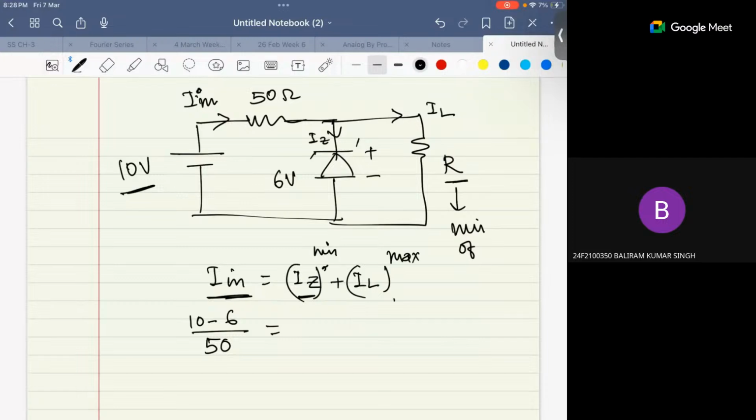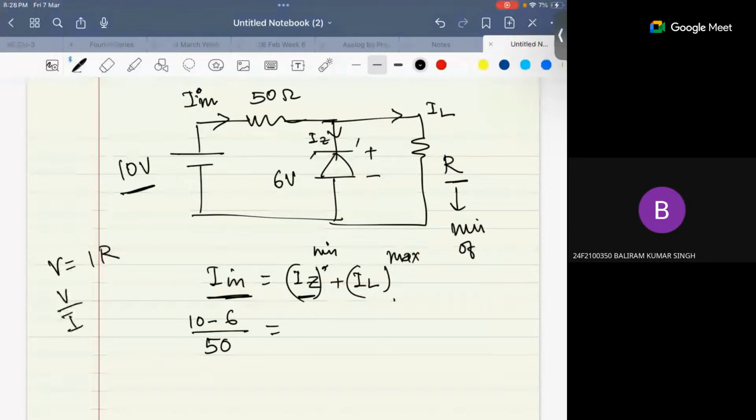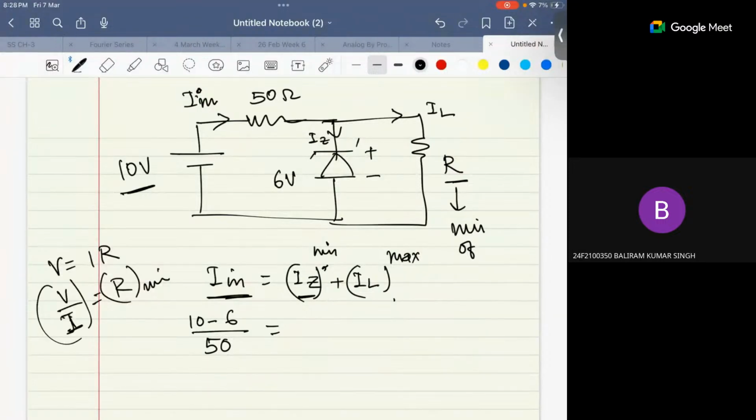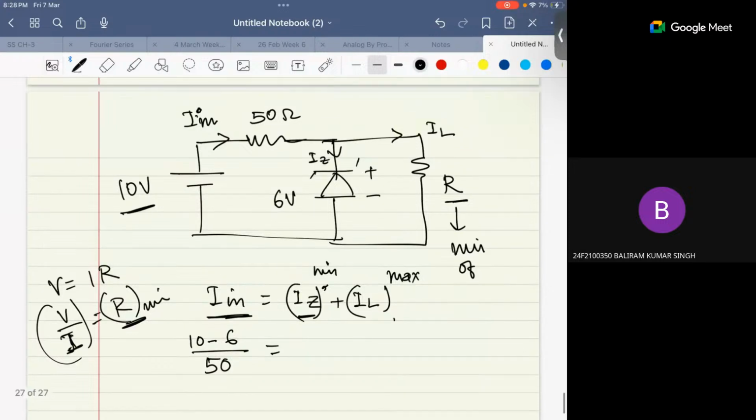You have to calculate what? R minimum. When can you calculate R minimum? V is equal to IR, right? V by I equals R. If you have to calculate R minimum, V by I should be what? Sorry, I should be what? If you have to calculate R minimum, I should be maximum.